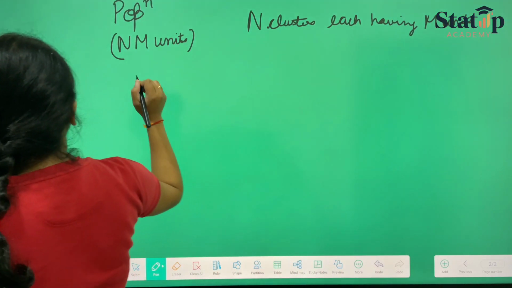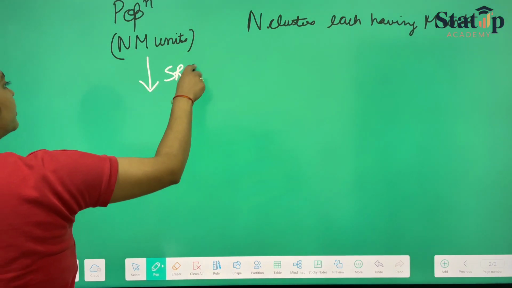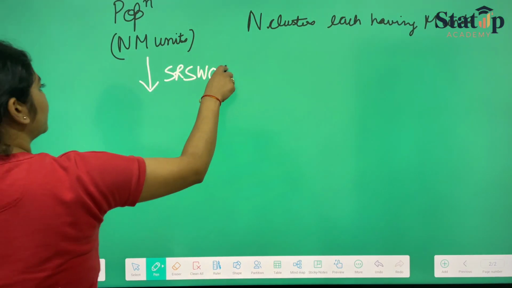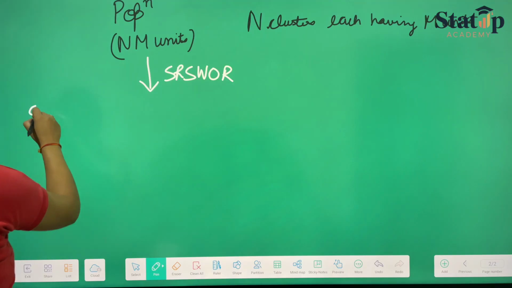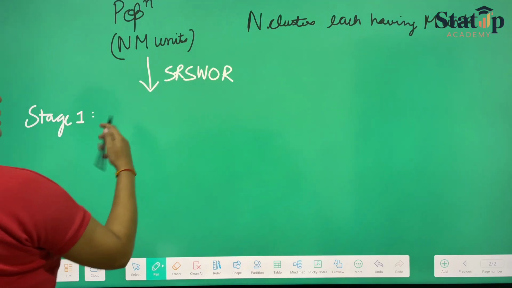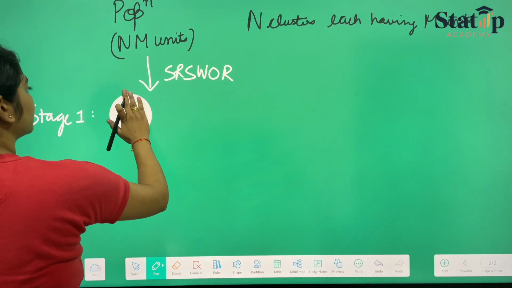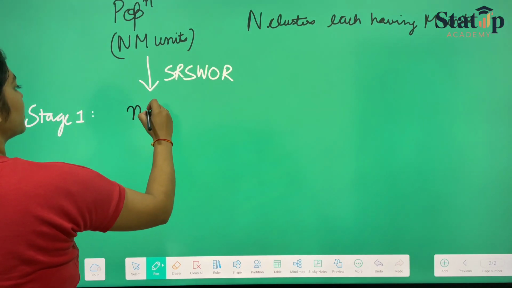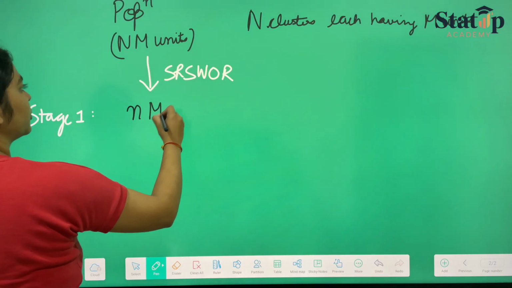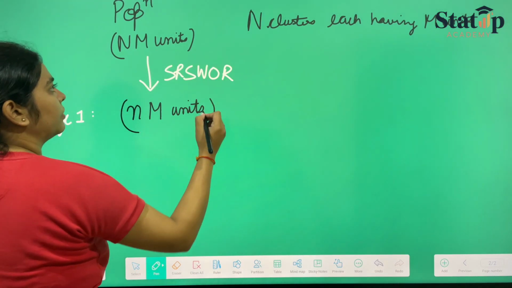Then from here, with simple random sampling without replacement, we go on to stage 1, where we select small n clusters, each having M units. So the total number of units is n into small m.